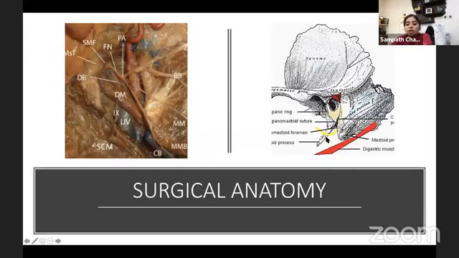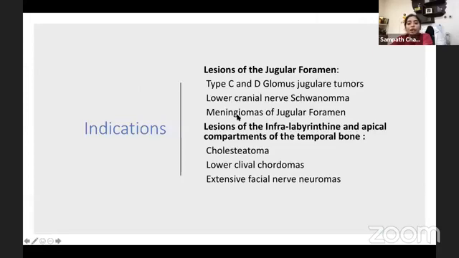From lateral to medial, they are the styloid process, posterior belly of digastric muscle, the facial nerve, and sternocleidomastoid. Whenever there is extensive glomus tumor involving the neck region, sometimes these structures, which I described from lateral to medial, need to be sacrificed or anteriorly repositioned to gain access to this region. This completes the surgical anatomy of the type A approach.